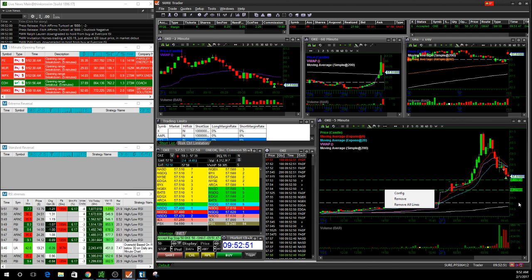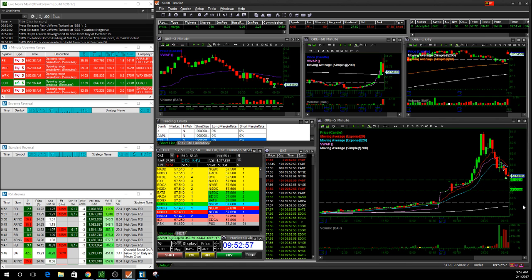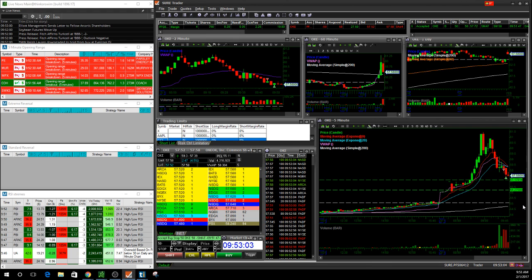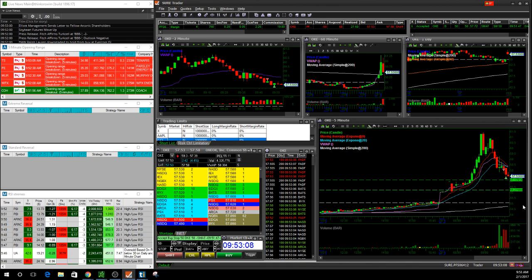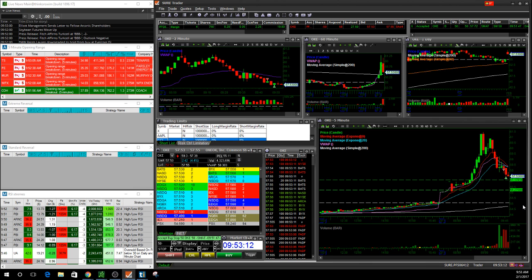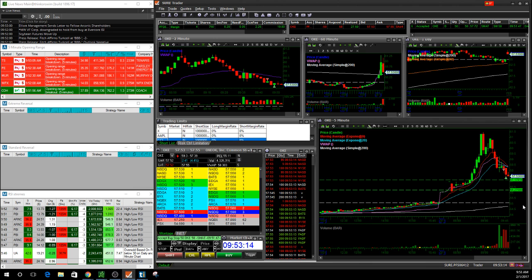And this is the next level that I'm looking at, if we can get through here. But we need to crack and get away from this 57.50 level. Remember, I said these half-dollar marks are supply zones, and it never got 10 cents away from this 57.50 level. So we need to get away from it and get away from the gravity of it.